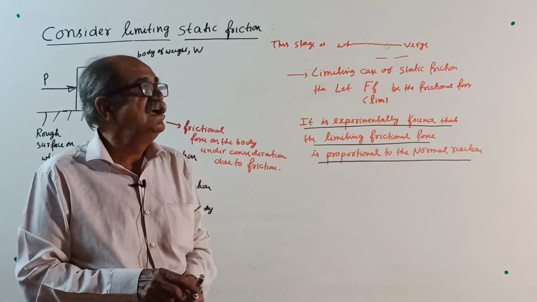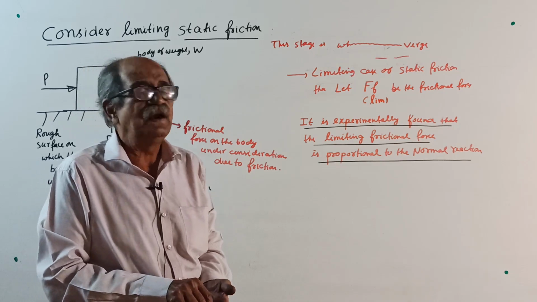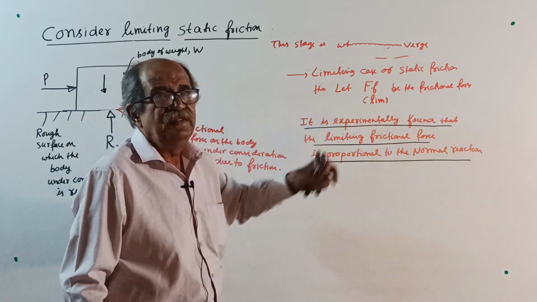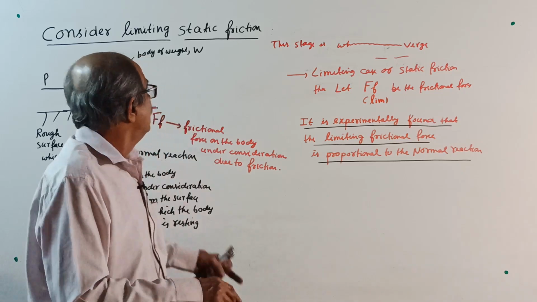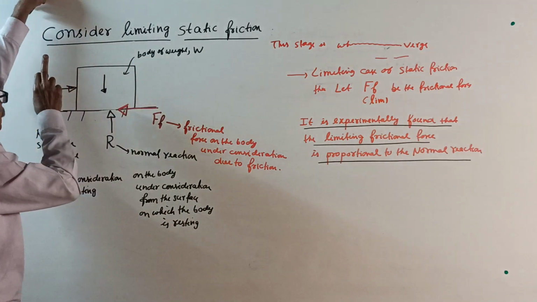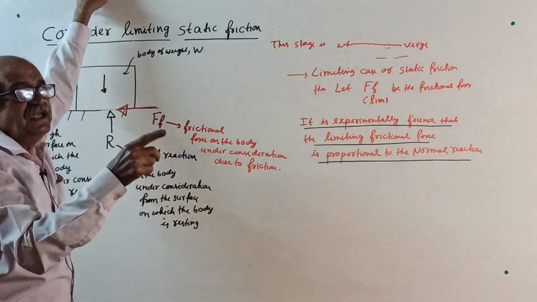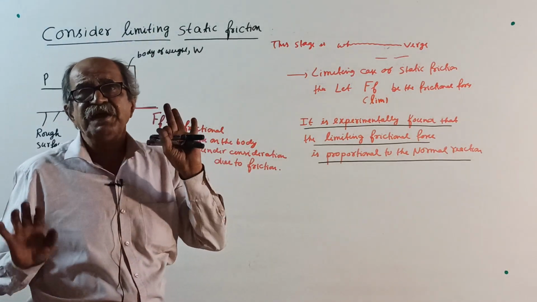Many questions are only about static friction; only mechanical people study that. Therefore, when we consider static friction, the body will be in equilibrium from the beginning up to the stage of limiting friction.